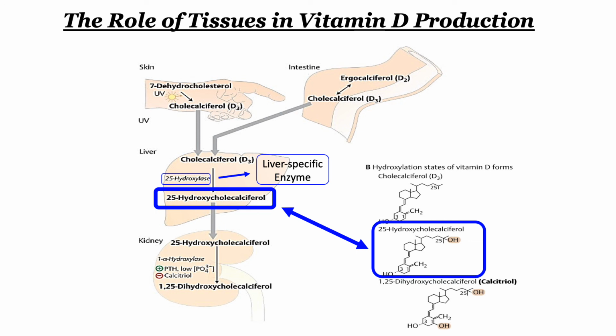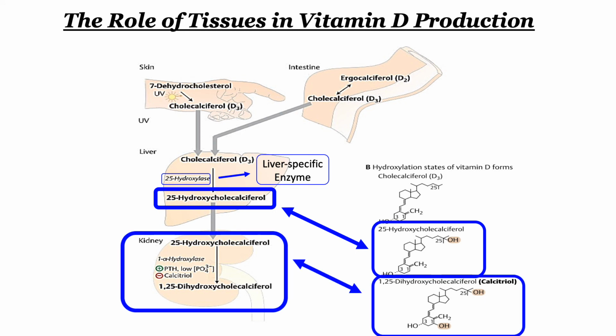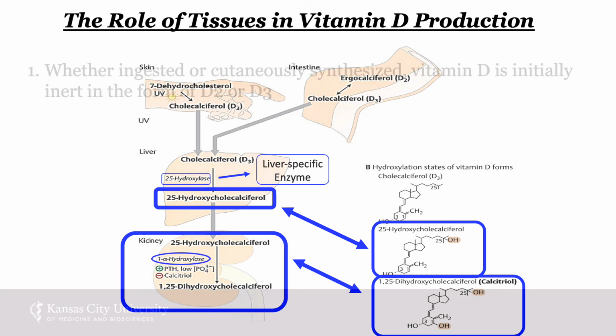From the liver, it travels to the kidney, where it's converted to 1,25-dihydroxycholecalciferol, which is the active form of vitamin D, also known as calcitriol. That's through the action of an enzyme called 1-alpha hydroxylase, and that enzyme's regulated.